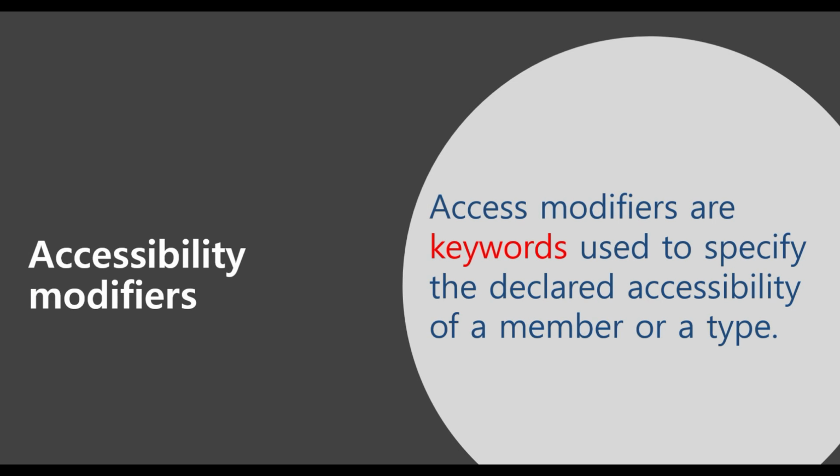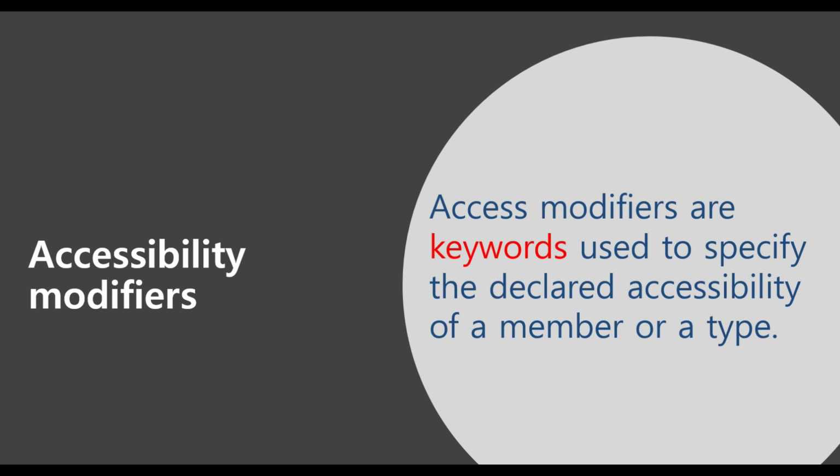Let's go now one step further to accessibility modifiers, or access modifiers. And these are really important also in conjunction with inheritance. And we'll see exactly why. But before that, let's try to define a little bit what these accessibility modifiers are. So access modifiers are keywords used to specify the declared accessibility of a member or a type. And remember, when we wrote our classes, we usually made them public.